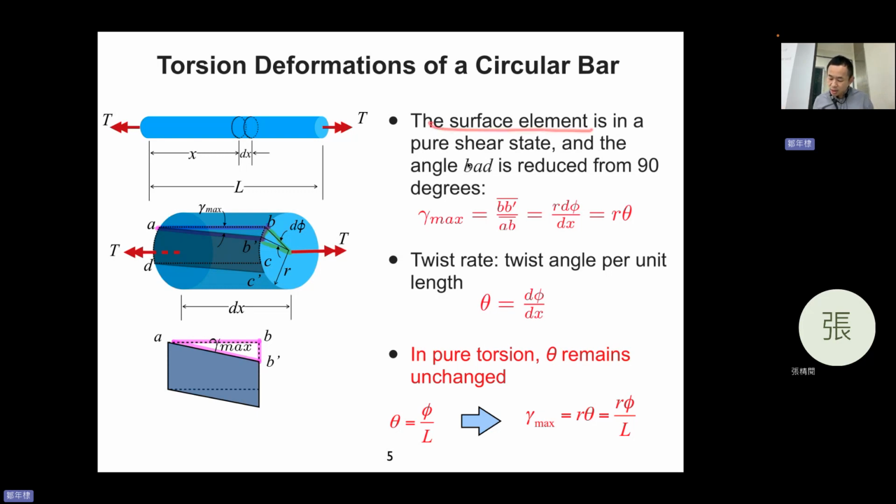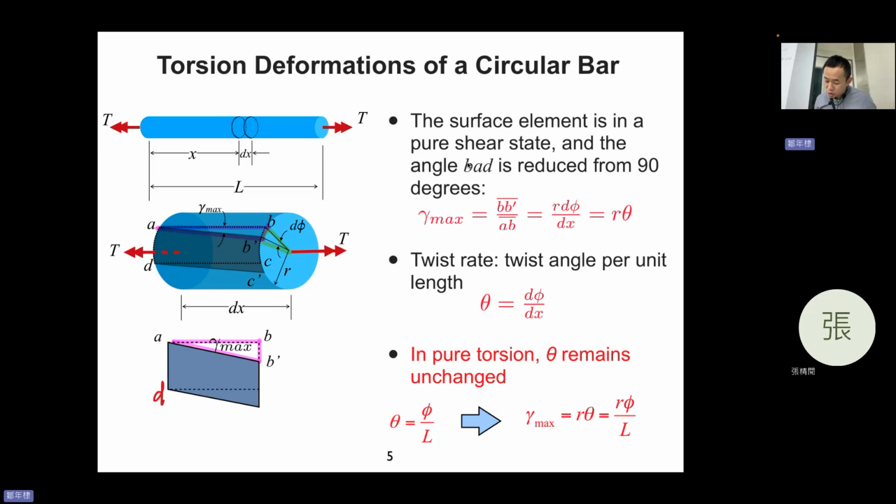So the surface element has become a pure shear state, and the angle BAD is reduced from 90 degrees to a smaller angle, gamma max.